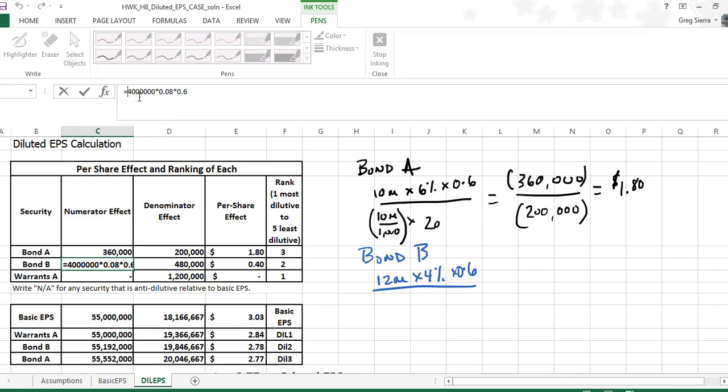I have some messed up other, must have had another 12 million, 7/12 times 12 times 0.04. Let me go back and put this in parentheses 7/12. It's outstanding not for the full year, but only 7 months of the year. And this assumption B5 is the conversion ratio.